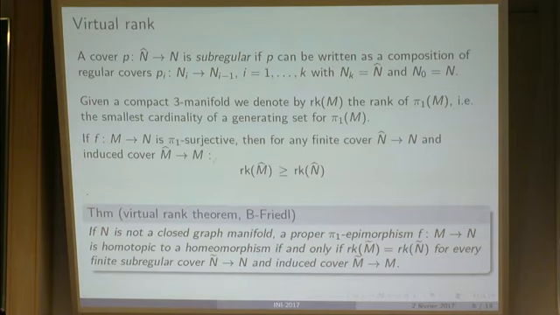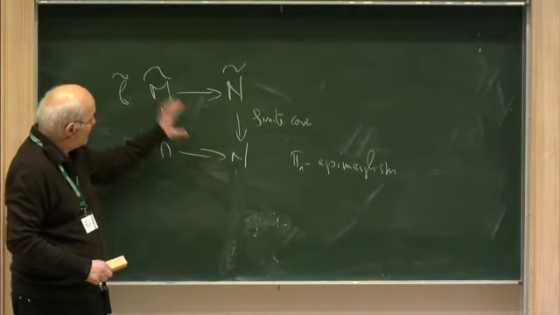Then you take a proper epimorphism. It will be homotopic to a homeomorphism if and only if, when you look at any regular finite cover or subregular finite cover of N, and you look at the induced cover, they have the same rank. So at some point, if it's not homotopic to a homeomorphism, the rank has to blow up.